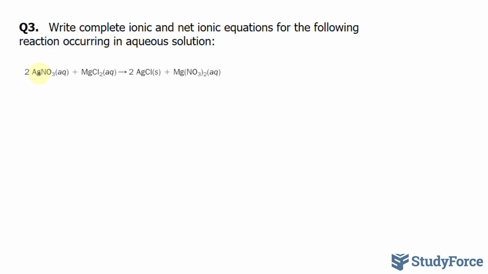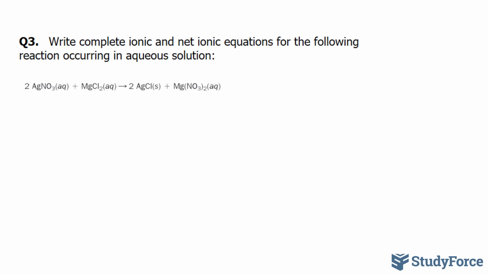We have AgNO3, in other words, silver nitrate. The ion silver here has a charge of 1+, so I'll write down Ag 1+ AQ. And notice that we have a coefficient in front of this compound, so I'll multiply this by 2, plus 2 nitrate ions.